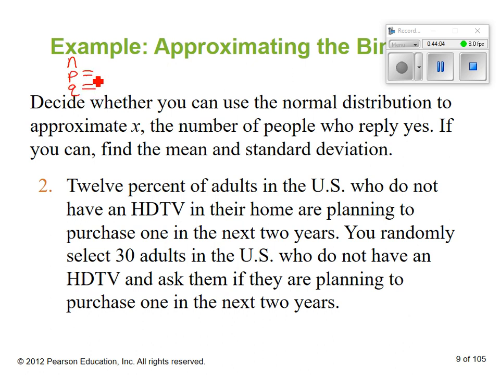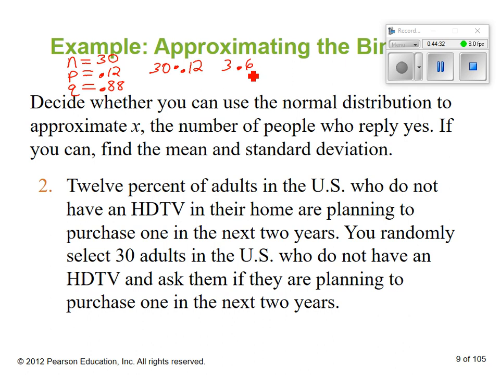What's n this time? 30. What's p? 0.12. What's q? 0.88. n times p, 30 times 0.12, is 3.6.